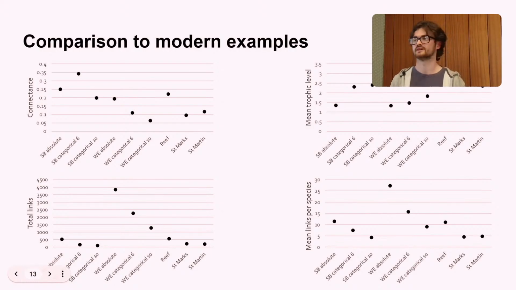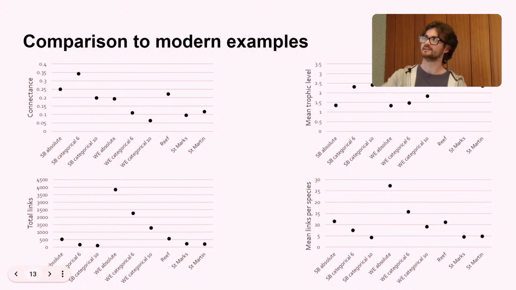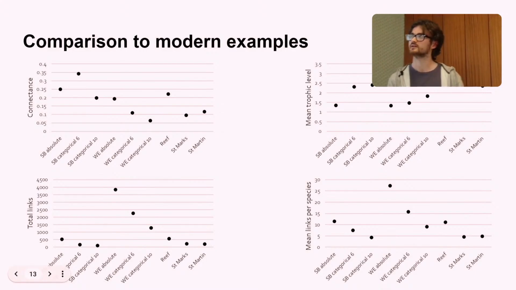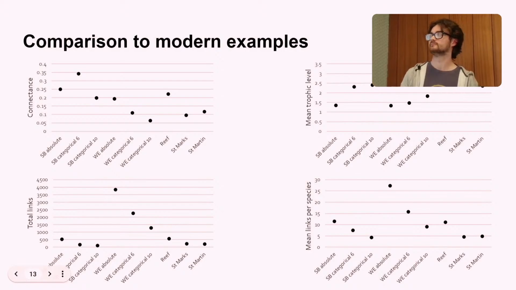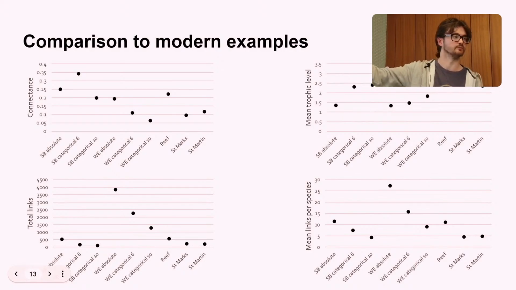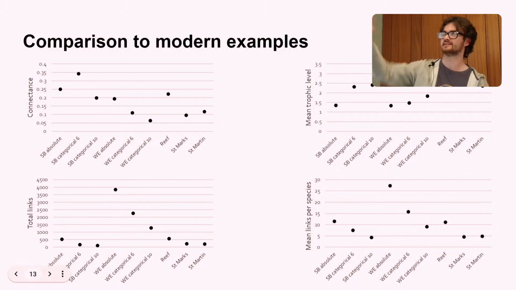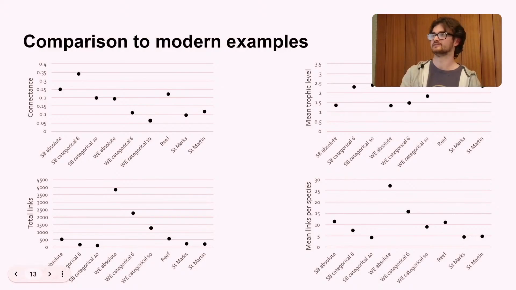So when we were trying to figure out which size rule produces the most modern ecosystem structure, from that metric alone, we couldn't really tell which one was producing the more modern structure. But you would expect connectance to go down, obviously, as the rules become more restrictive. I'm not really sure about why there was a spike at SBC6 in connectance, we're not really sure what happened there.